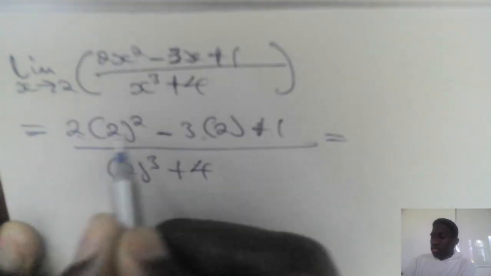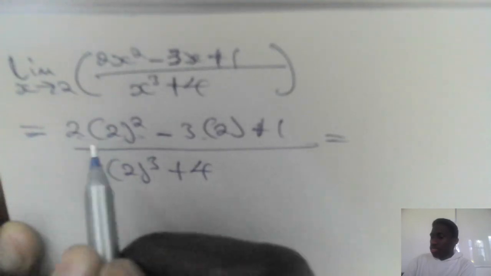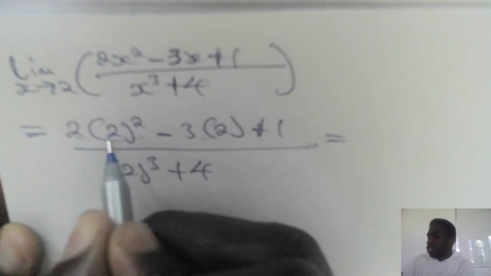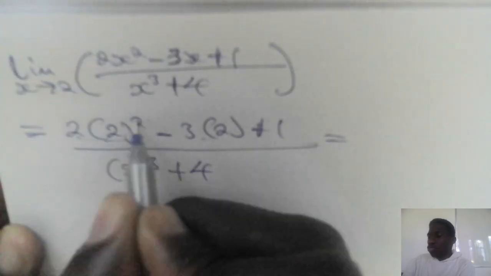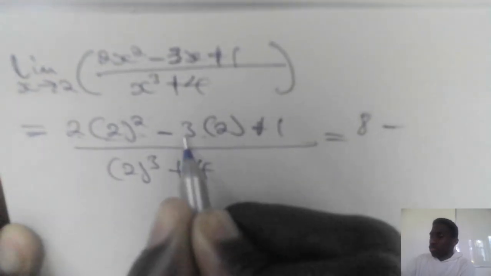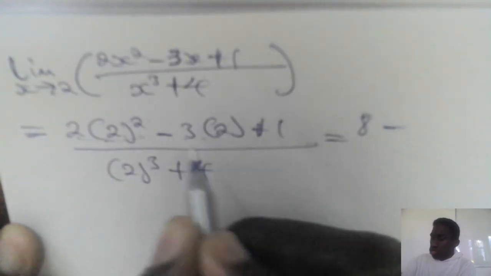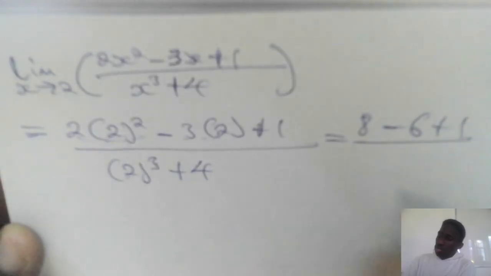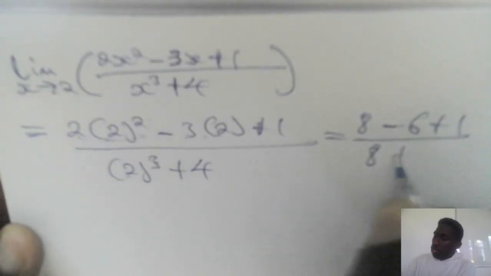You can easily use a calculator for this, or you can calculate it manually. 2 squared is 4, 2 times 4 is 8, so we have 8 minus 3 times 2, which is 6, so minus 6, plus 1, divided by 2 cubed, which is 8, and then plus 4.